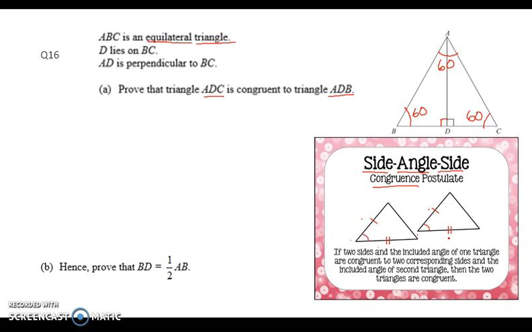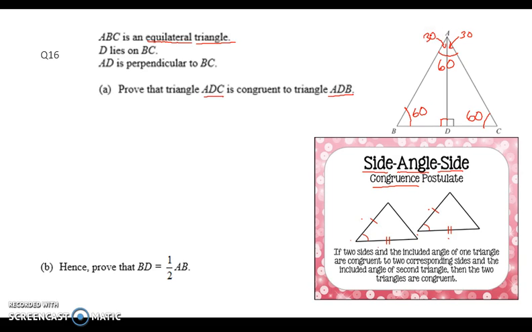I want to start by looking at the angles that we've got at the top here. So this is perpendicular, and we know that 90 add 60 is going to give us 150. So the small angles up here are going to be 30 and 30. So we can already start by saying we've got an angle there that's the same on both.